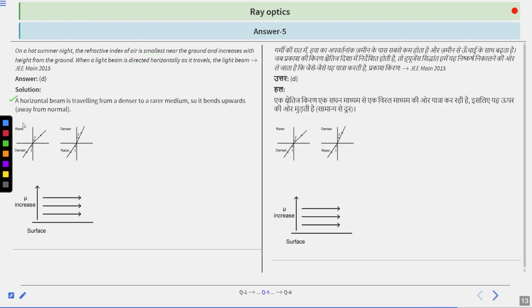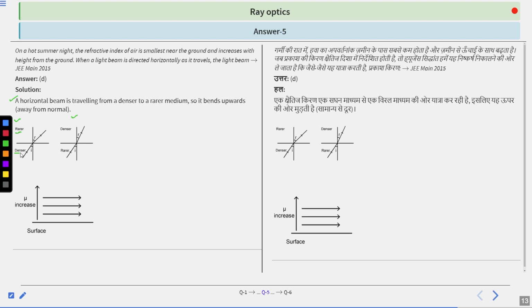So we know, suppose there are two diagrams, and in the first, this is the rare medium and this is the denser medium. Listen carefully.